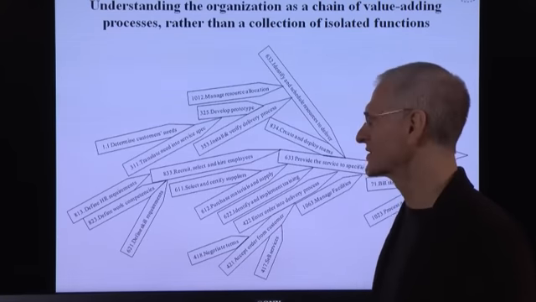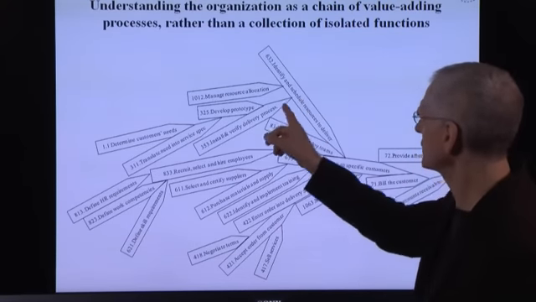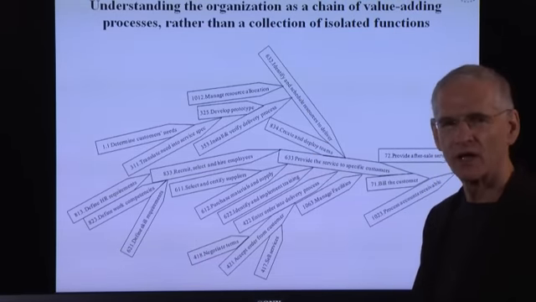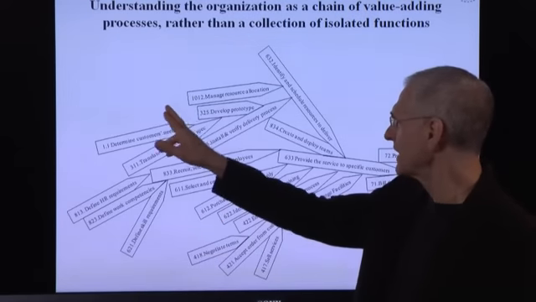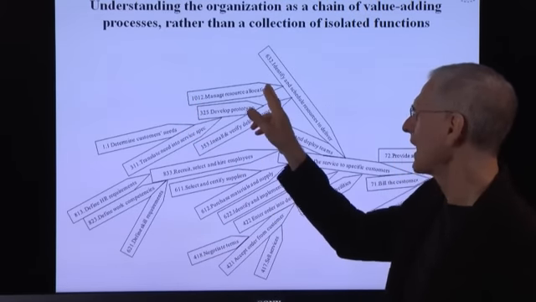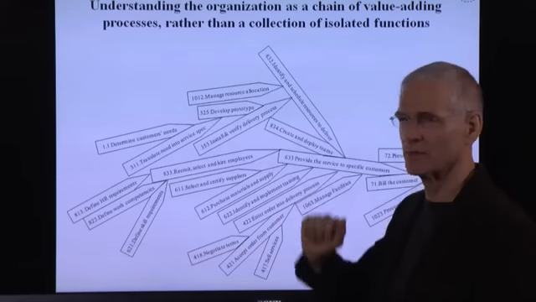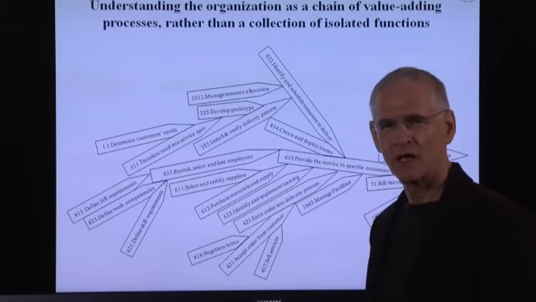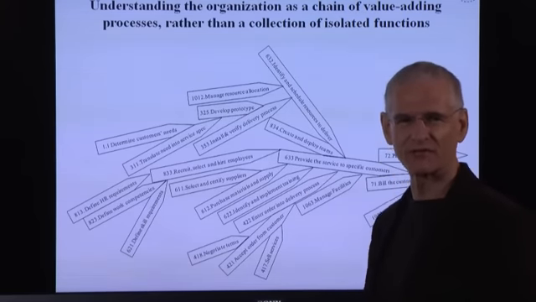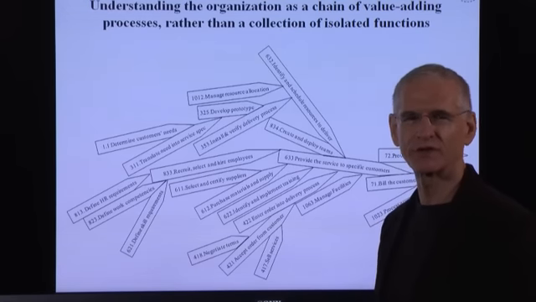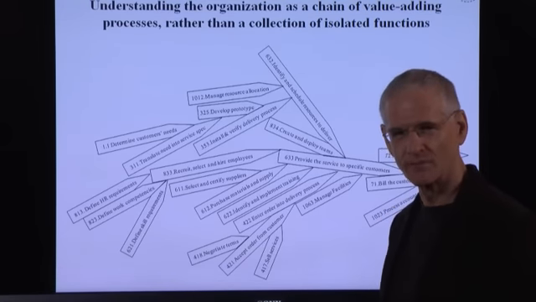Let's look, for example, each arrow here represents a process with input coming in, output going out. Transformation, verb, in between. Each of these processes is taken from the APQC, American Productivity and Quality Center's model.